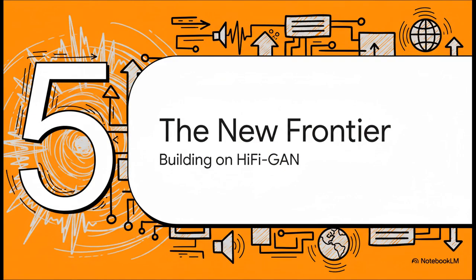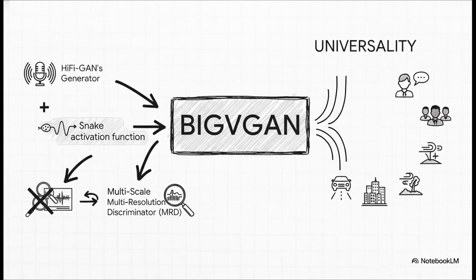So, once HiFi-GAN basically solved that core problem of speed versus quality, it laid the groundwork for the next big challenge. The new frontier wasn't just about fidelity anymore. It was about building on that foundation to create models that were even more robust and universal. A perfect example of this is a model called BigVGAN. It took the HiFi-GAN architecture as its starting point and made some key upgrades.